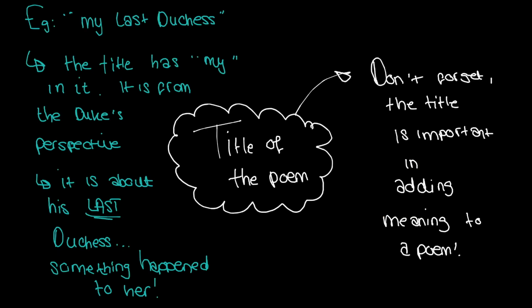Next, I've got the title of the poem. Now, this, again, I think is a point that is a little bit obvious and on the nose, but incredibly important. Now, usually, and I say usually, with the unseen poem, every part of that poem is done on purpose, okay? It's added on your exam paper for a reason, and every part of the poem should be analysed, including the title.